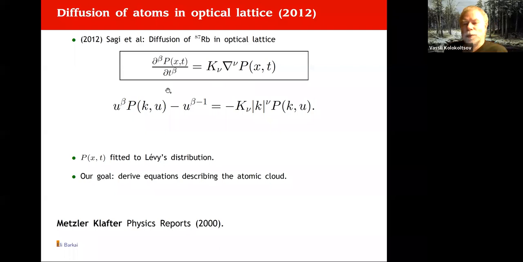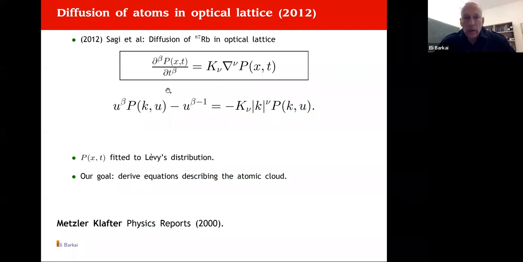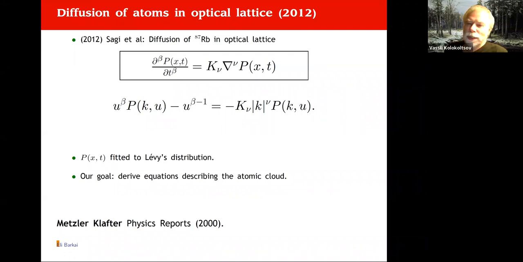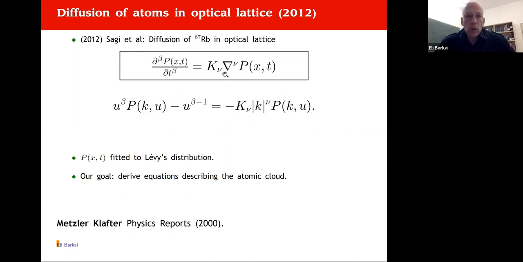Eli, may I interrupt you with a question? Yeah, go ahead, please. Do you mean here K_nu, delta nu? Do you mean here summation over nu or not? Or is this just fixed nu? No, so the interpretation is given right here. One way to understand these fractional derivatives is the following. This is the fractional derivative, and I go into Fourier space.